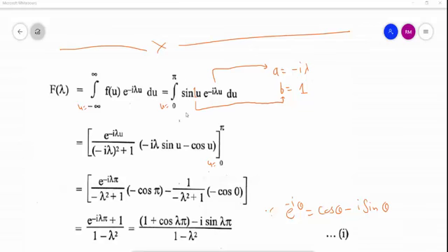So to evaluate this integration, we have to use the formula for the integration of the product of an exponential function with a sine function, e raised to ax into sin bx, a result that we already revised in the previous slide. So here a is equal to i lambda, the coefficient of u, and b is equal to the coefficient of u in the sine function, that is 1.